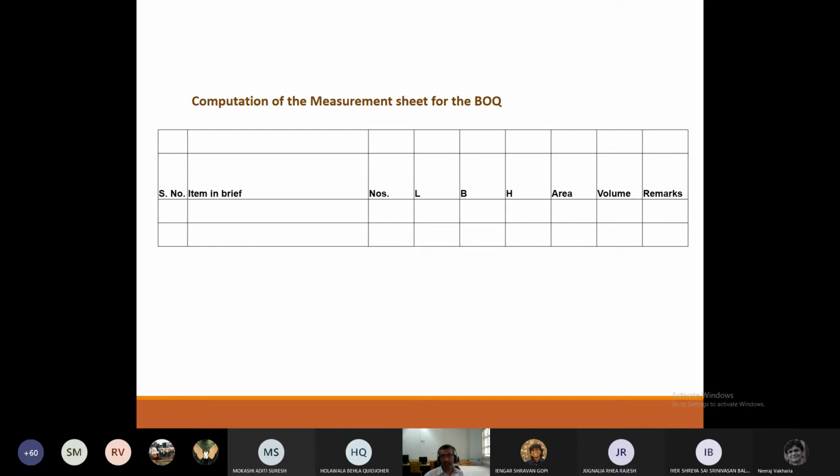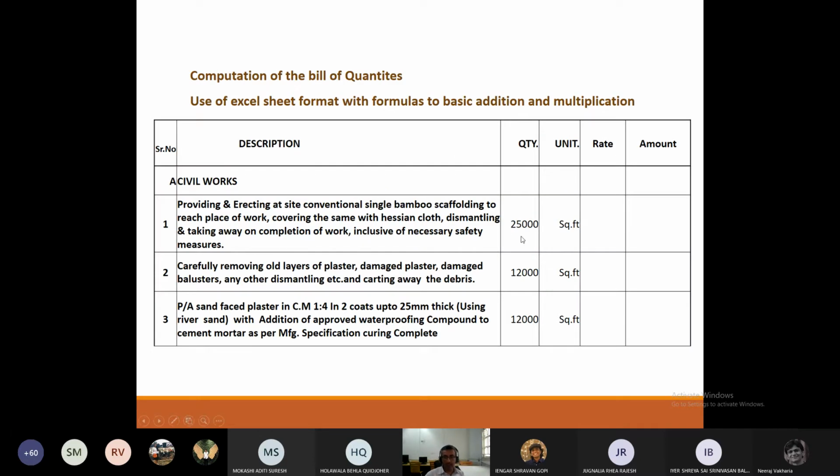It can go high largely if you've not computed this area well. If your quantification is not right, if your quantification increases drastically, then naturally your project will go haywire. The rates don't change, because if the contractor has quoted for the rate, he doesn't have the opportunity to change.